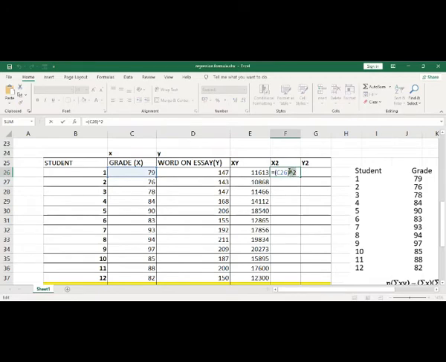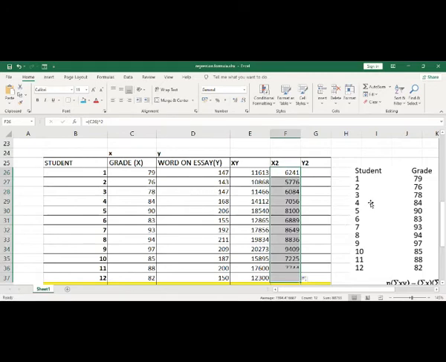Itong symbol na ito is representation of power or exponent. So ni-raise niya to 2 yung first x value. So do we have to repeat that 11 times? No, same procedure kanina. So yan, kinuha niya. So napakadali, no? Magic na naman. Dali lang, no?